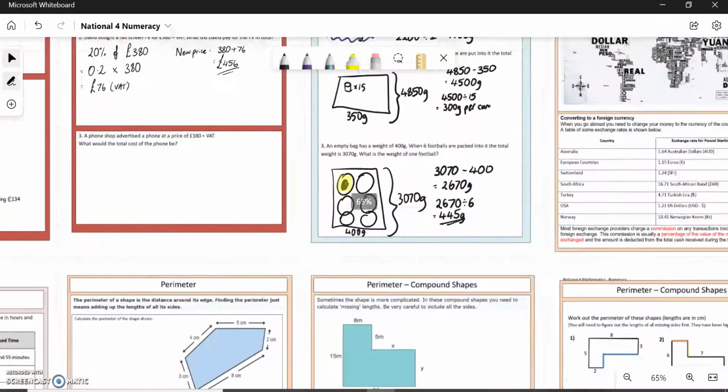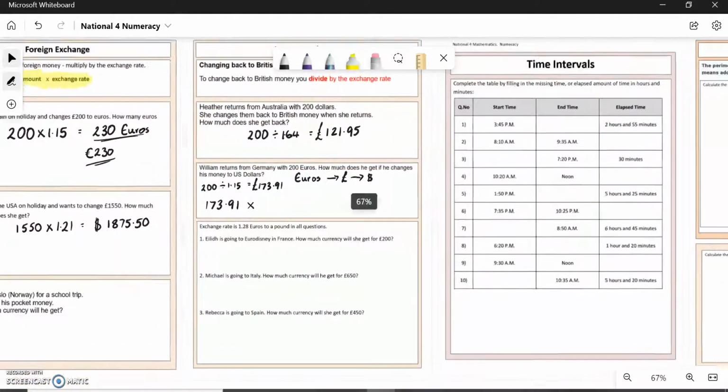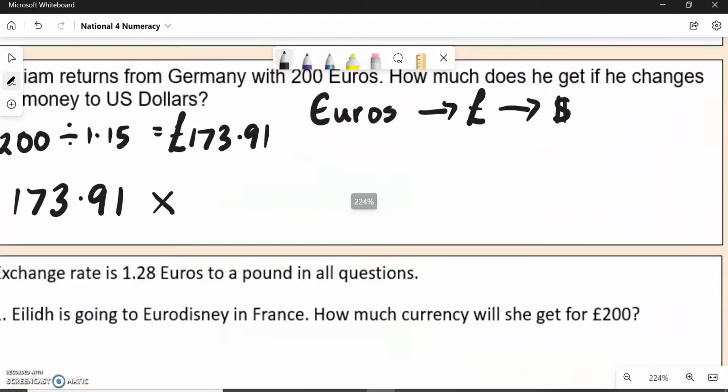Once again, US dollars is 1.21, so we'll take that value and multiply it by 1.21. So 173.91 times 1.21 is going to give us 210.43, and that is in US dollars.